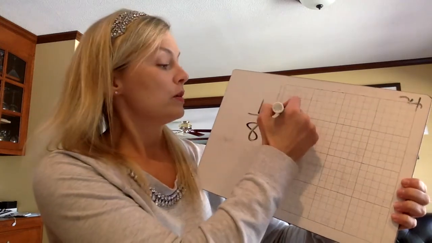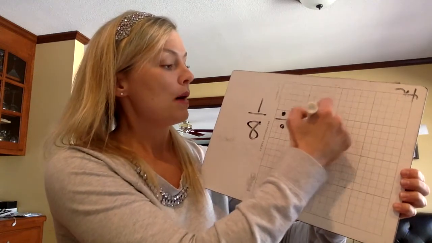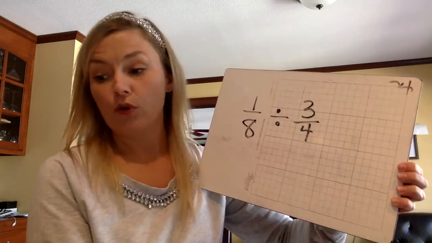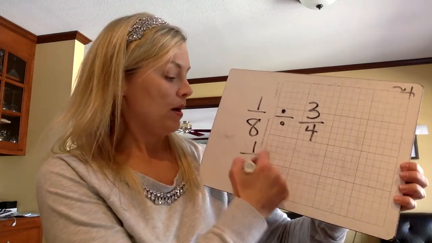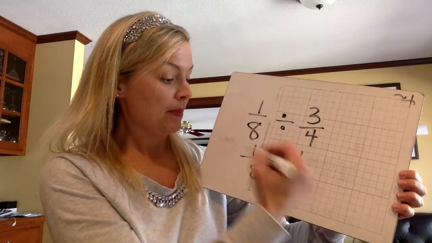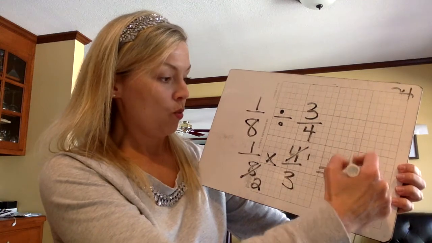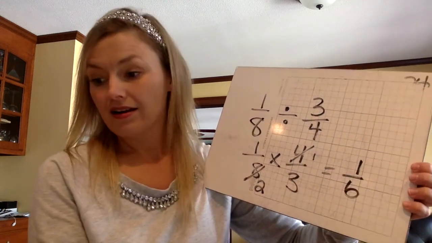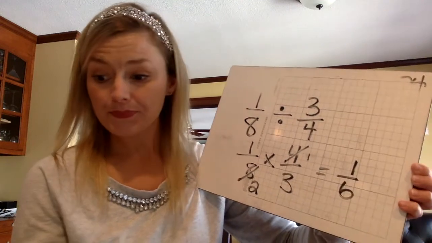So what we want to do is divide the area, 1/8, by one of the dimensions, 3/4. So really what we end up doing is multiplying 1/8 times the reciprocal, 4/3. I'm going to choose to cross reduce here, and what I end up with is 1/6 kilometers as my missing dimension, as my missing width.